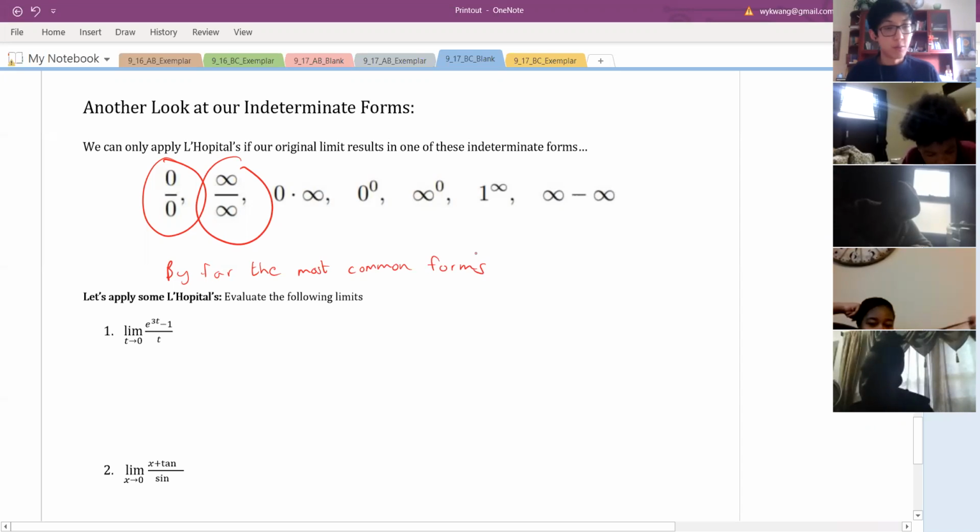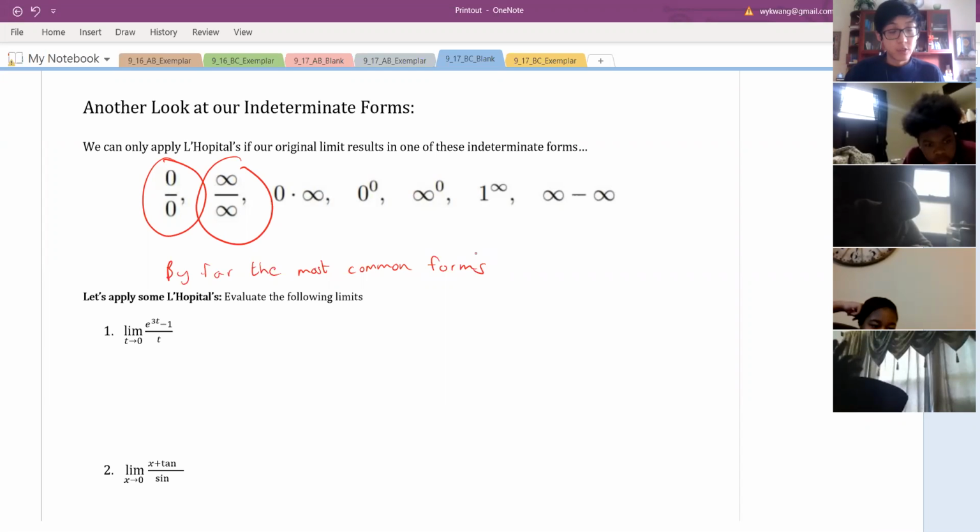We already did a problem where you plug in the numbers and you get a 0 over 0, and then one going to infinity, where you get an infinity over infinity, and it's really weird. Those are by far the most common types of problems we're going to be applying L'Hopital's to.